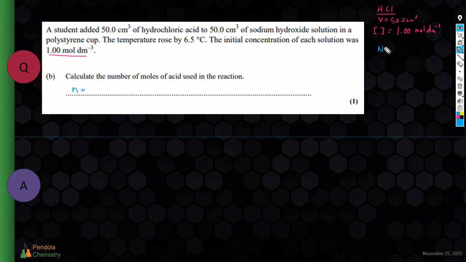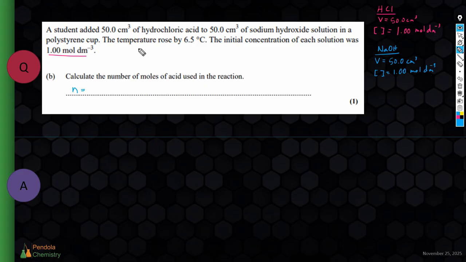For sodium hydroxide, NaOH, we have the same concentration and the same volume, 50.0 cubic centimeters of NaOH, and then the same concentration of 1.00 moles per cubic decimeter.